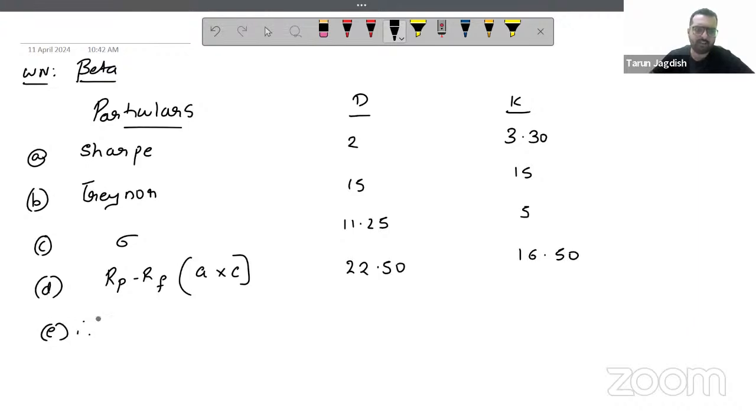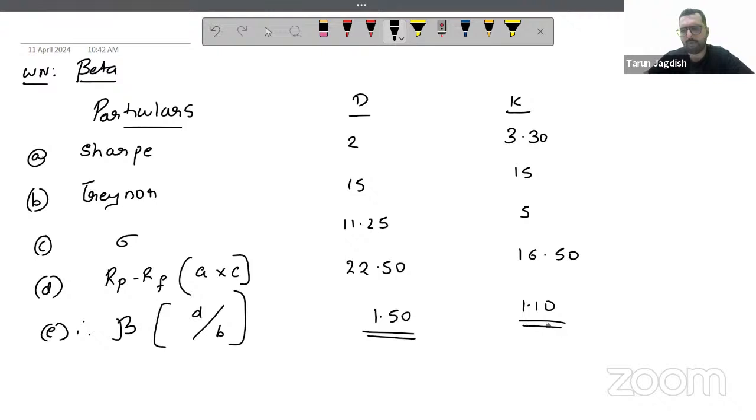Once I get this, I can work out the beta, because it will be 22.5 divided by the Treynor's ratio of B. So that is 1.5 for the first one, and 16.5 divided by 15 will be 1.10 for the second one. So you get the beta for the first one and beta for the second one.